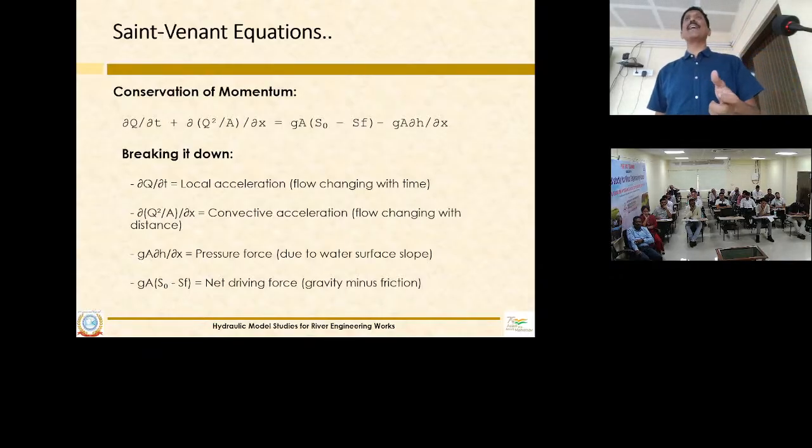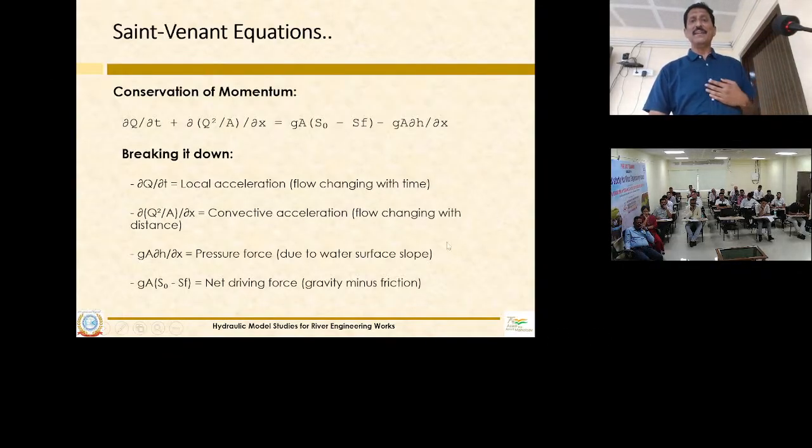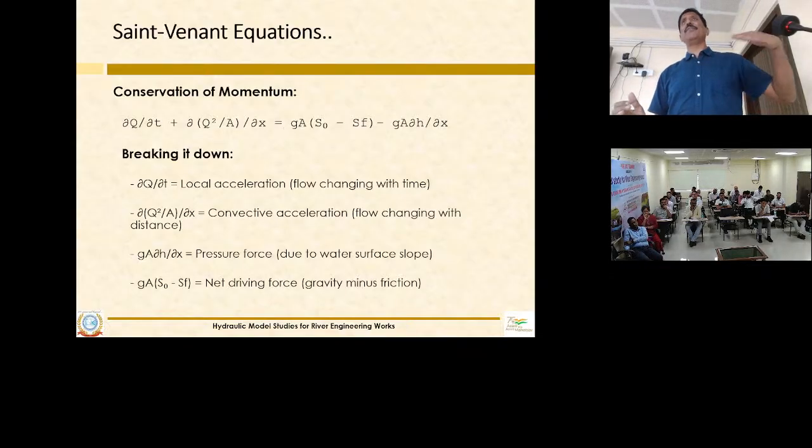These two accelerations are there, and there is also the pressure force because we are moving in an open channel, so the pressure difference is there as we move. This term is accounted for by the head basically, and the friction. And then gravity: this is the gravity, and it is opposed by the friction.